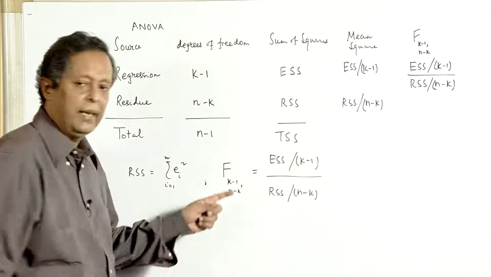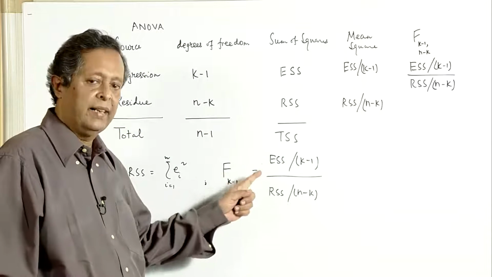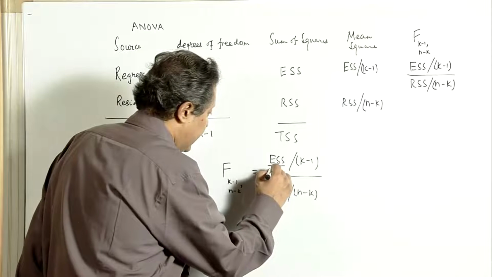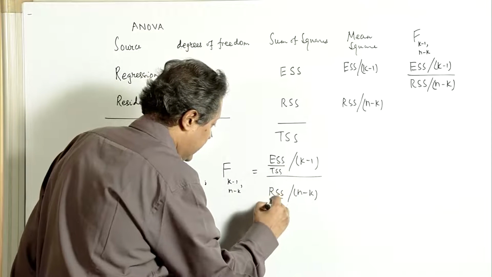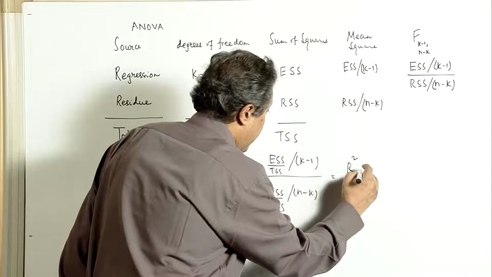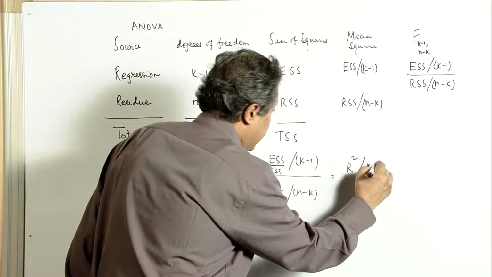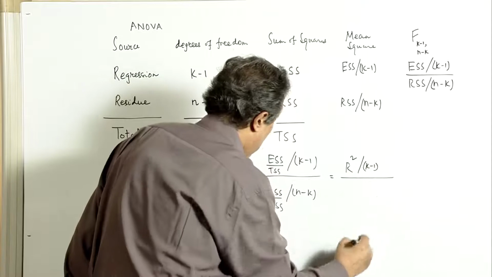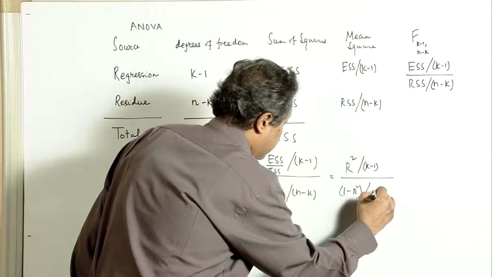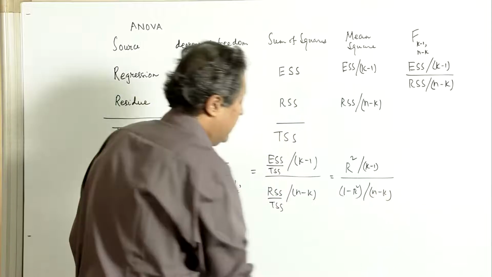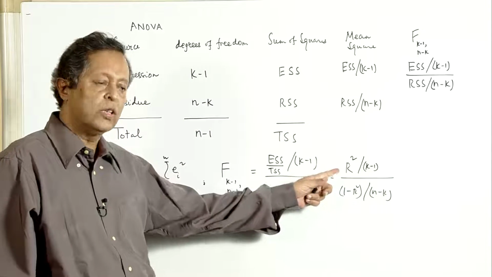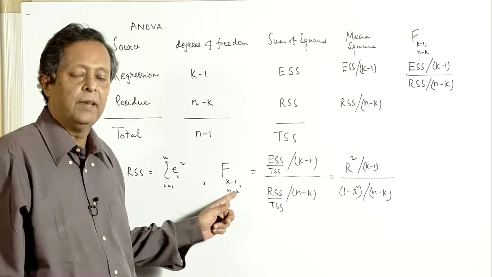Now, if we divide both the numerator and denominator by TSS, we can obtain this is equal to R square divided by k minus 1 all upon 1 minus R square divided by n minus k. So, the goodness of fit, which is measured by R square, is also reflected by the F statistic.